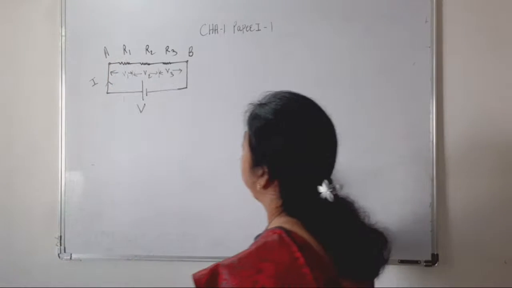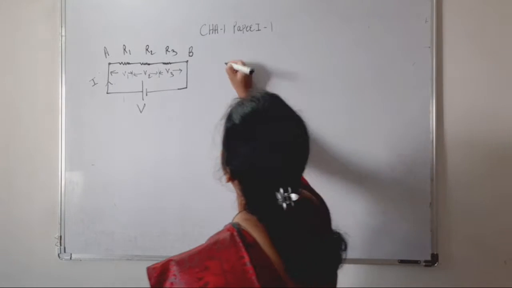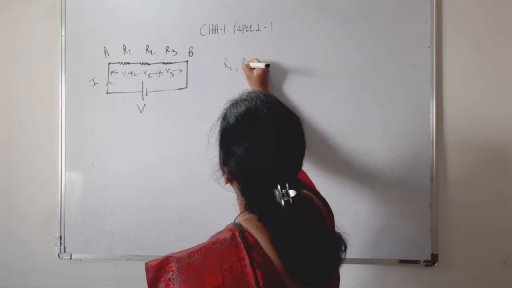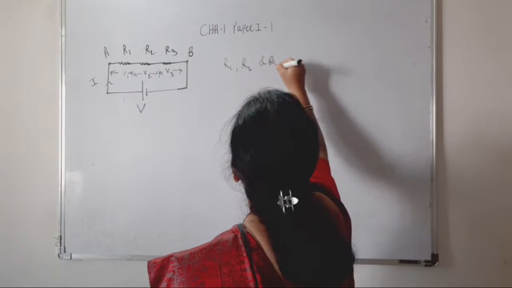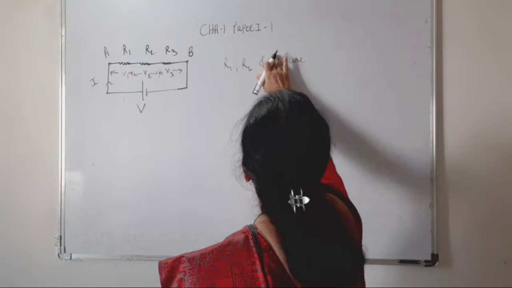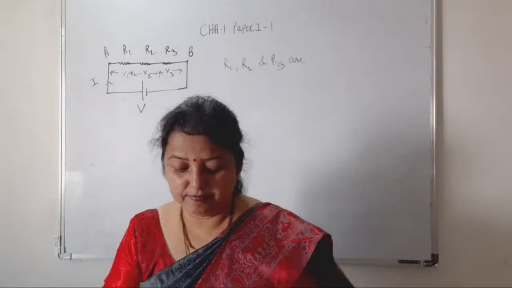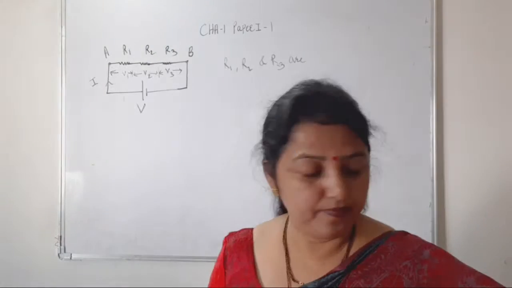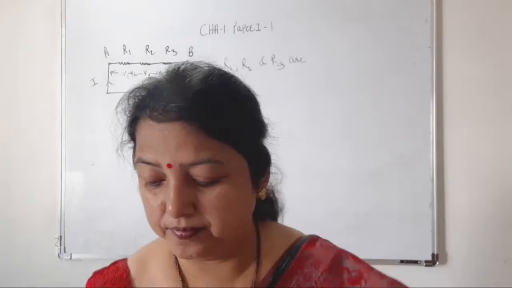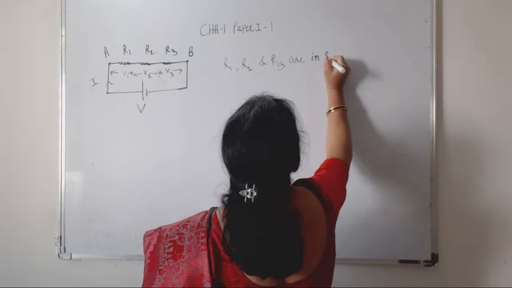How do you describe the diagram? R1, R2 and R3 are in series.